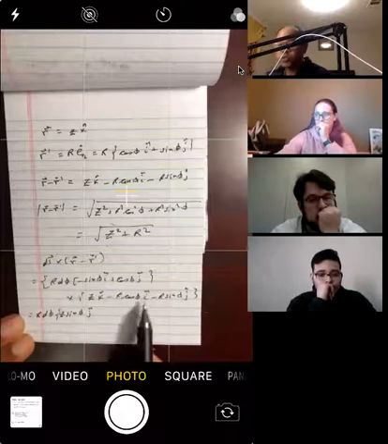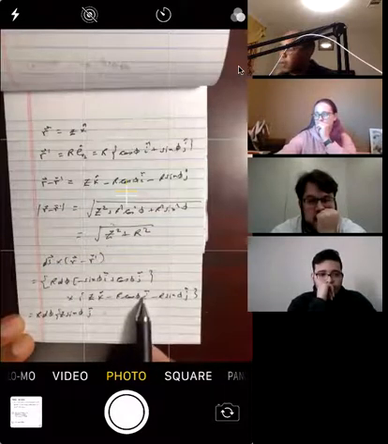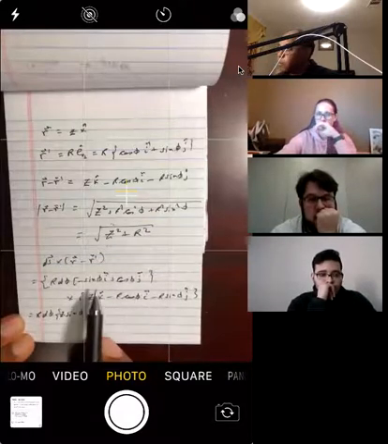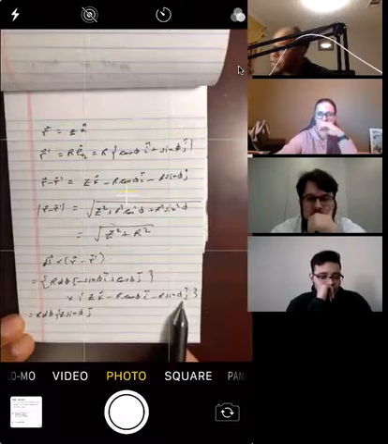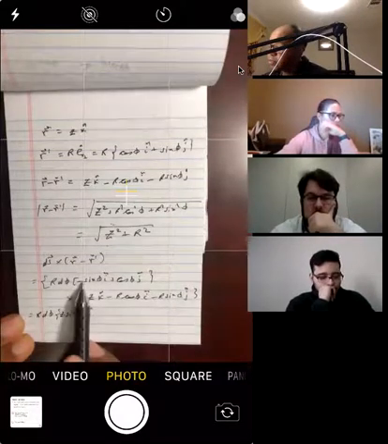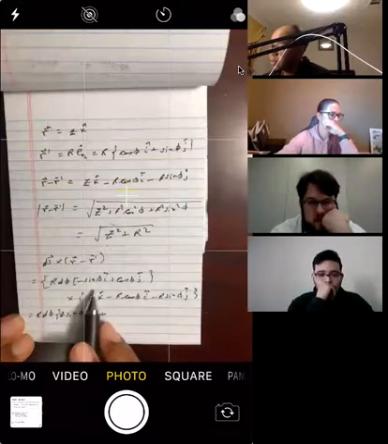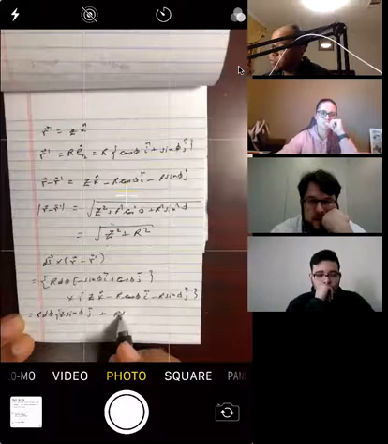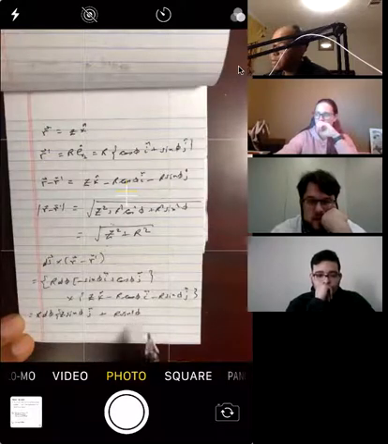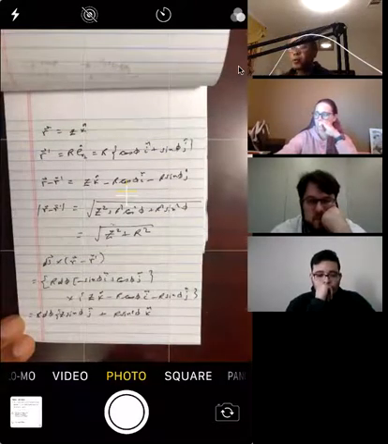How about this cross this? That's 0, i cross i. And then what's i cross j? i cross j is k, so I've got negative over here, negative is going to be plus. So you've got plus r sine squared phi in the k direction, right?